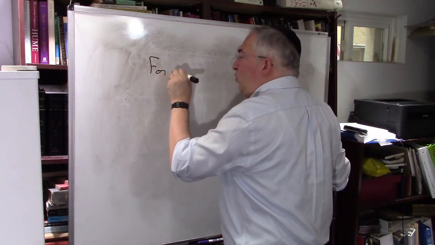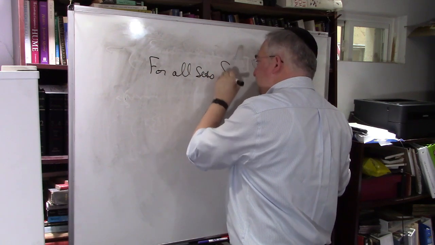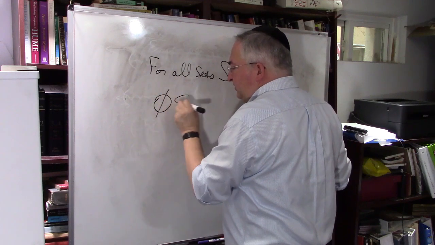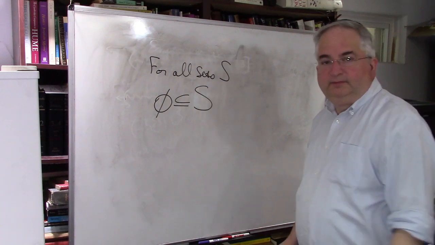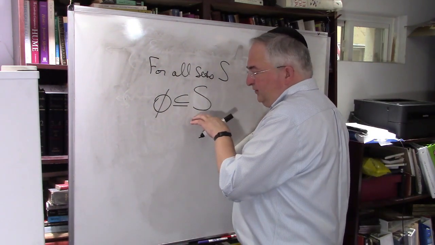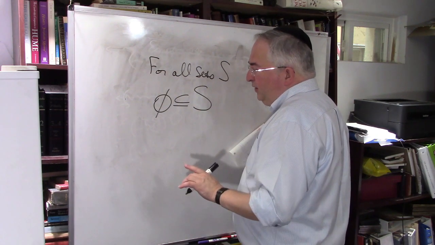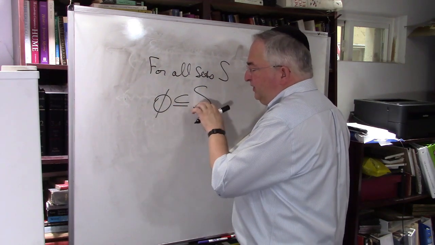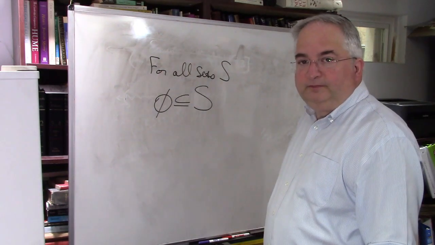For all sets S, the empty set is a subset of S. Let's see why this is true. What does it mean to be a subset? It means whatever is in here is in here. Well, there's nothing in here, so this is automatically true.